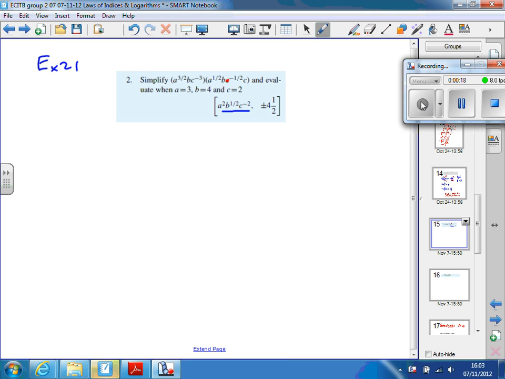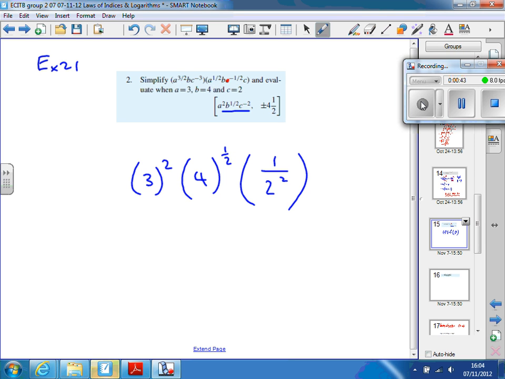Now, if we put the numbers in, so we know that a equals 3, so it's 3 squared times b to the half, so it's 4 to the power half, times c to the minus 2. So that's 2 to the minus 2. Minus means 1 over, so 1 over 2 squared is another way of writing it.